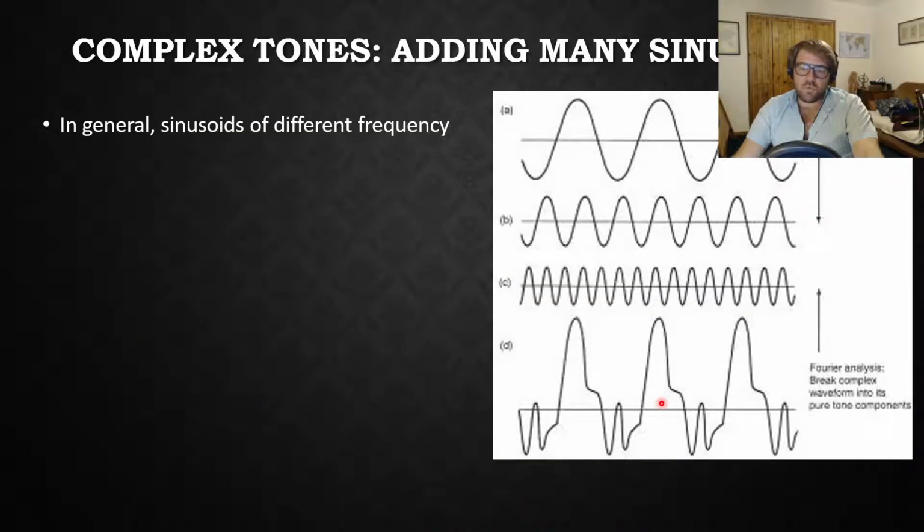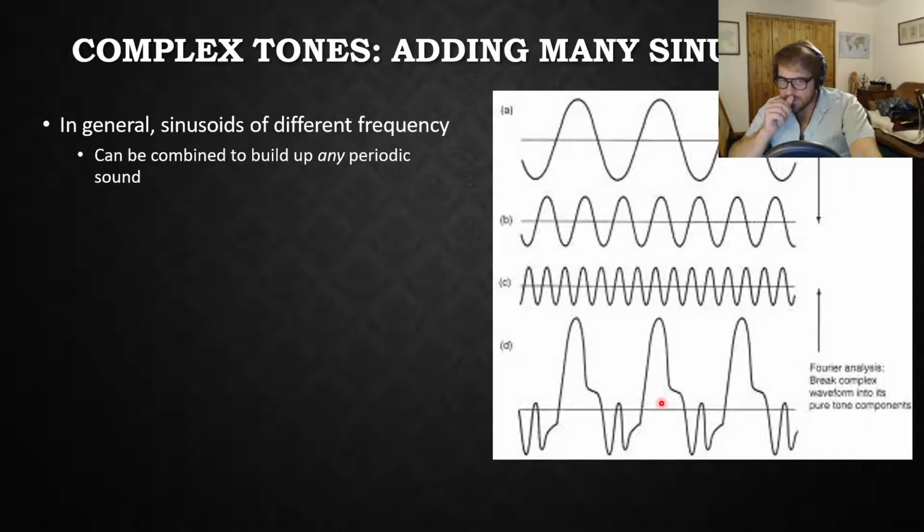So here's just looking at adding 3 of them together. And so basically you can make a complex tone out of any periodic sound. In fact, let's go the other way around, like I actually have it written here. You can create any periodic sound from a bunch of different sine waves.